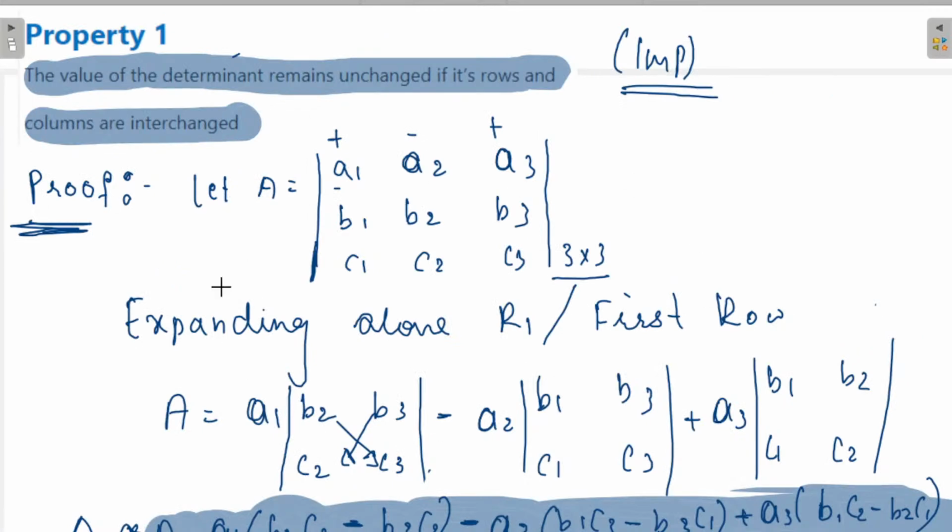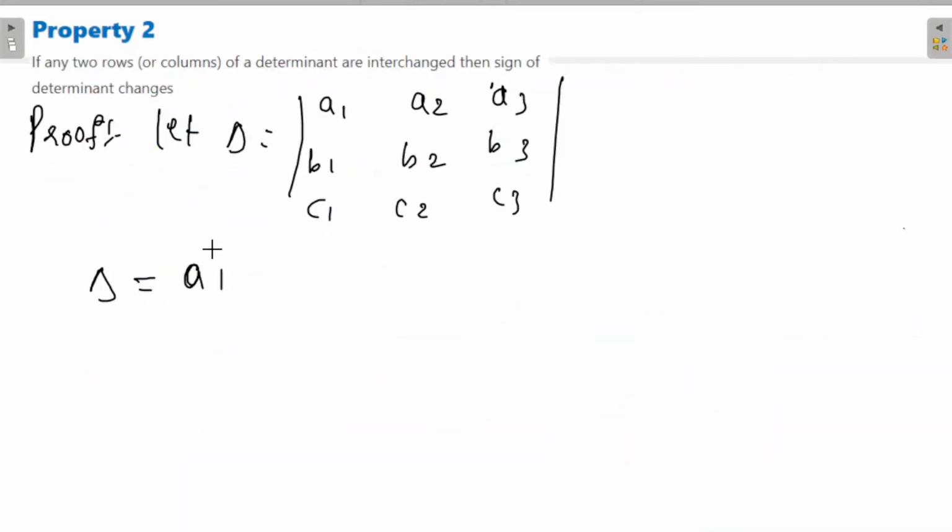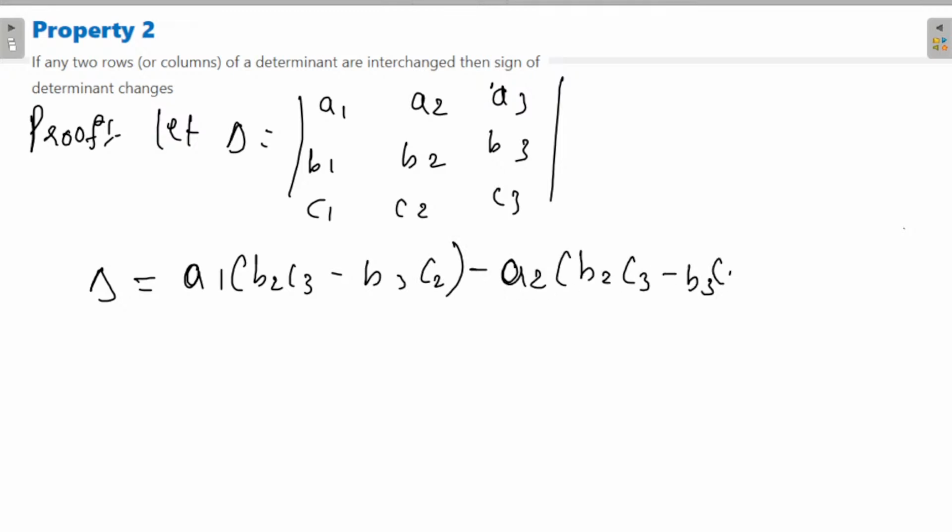Whatever value I got will be the same over there. A1 times (B2 C3 minus B3 C2), minus A2 times (B1 C3 minus B3 C1), plus A3 times (B1 C2 minus B2 C1). This was the value we got for the determinant.